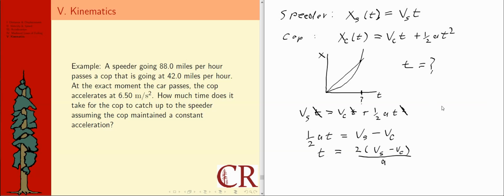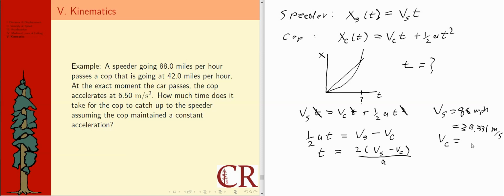The speeder's speed we were given as 88 miles per hour, which if you do the conversions, I have this written down, is 39.331. I'm going to go at 5 sig figs because it looks like I'm working at 3, and I always keep 2 extra to avoid round off. So that's where I'll round for meters per second.